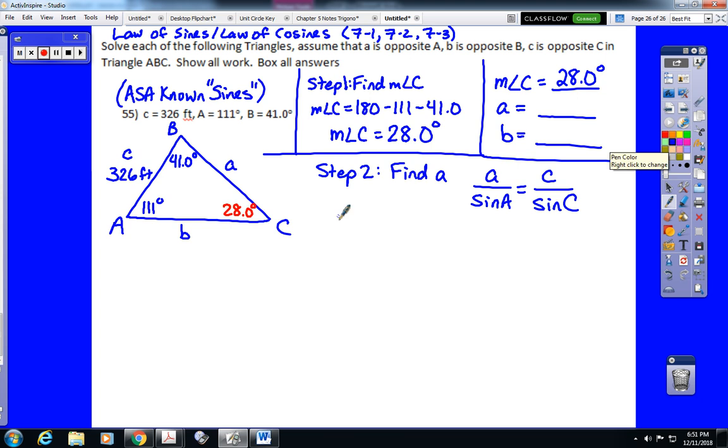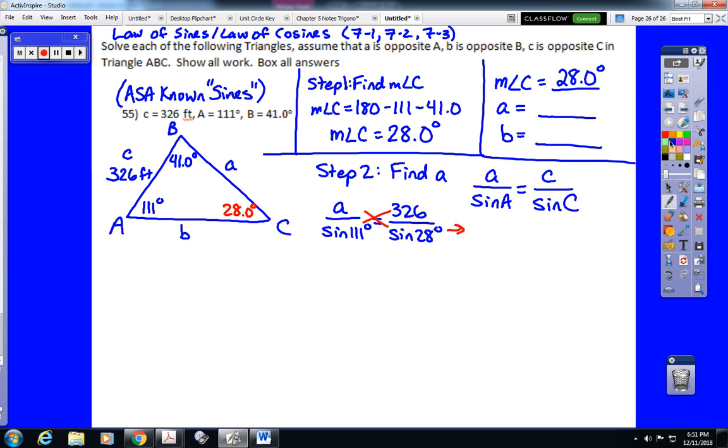So we plug in, that would be little a over the sine of 111 degrees equals 326, which is little c, over the sine of 28 degrees, which is big C, angle C. That's a proportion. Everybody knows that when you solve a proportion, you are cross-multiplying.